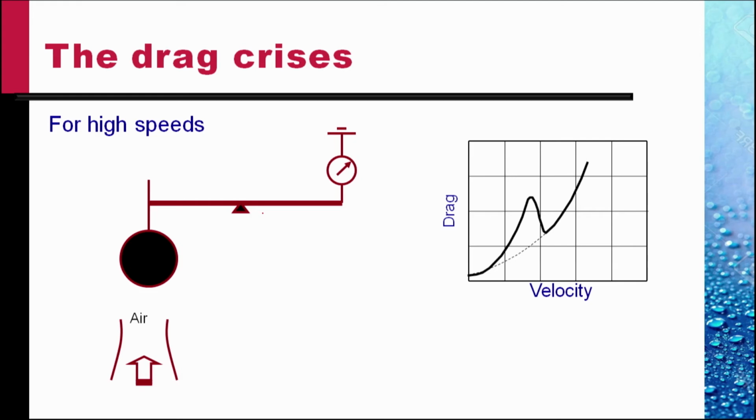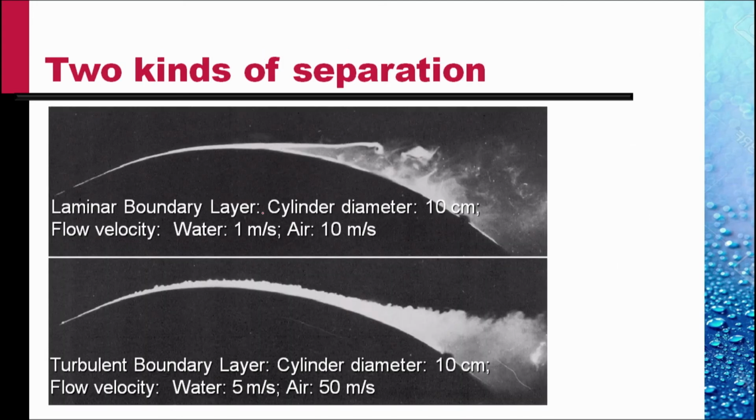What is happening? What is happening is that there are two kinds of separation. When the boundary layer is laminar, then the separation takes place earlier. In this picture, it's about this case.